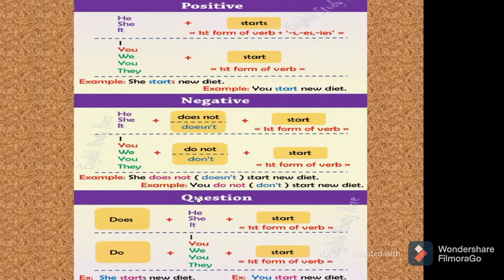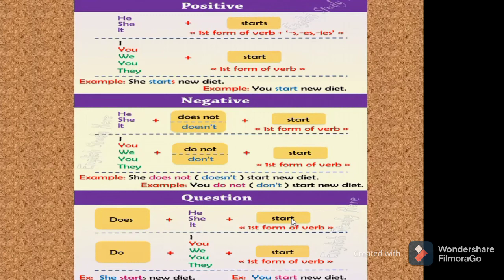For making question sentences or interrogatives, the helping verb does or do comes at the beginning. Does he start? Same here. Does, the sound of does, birds fly. There is no S or ES. Actually, there was S, he starts. But when you make it interrogative, does he start? S is not there. Does she start? S is not there.